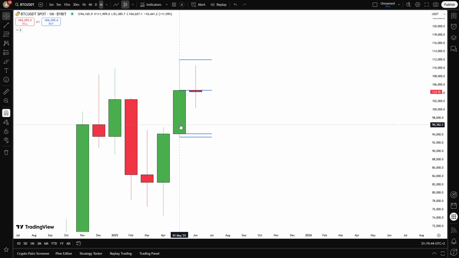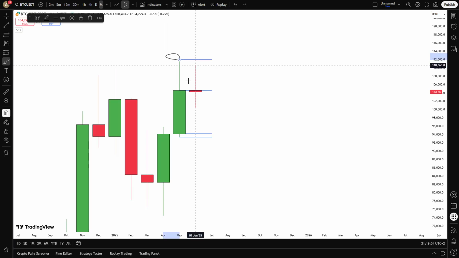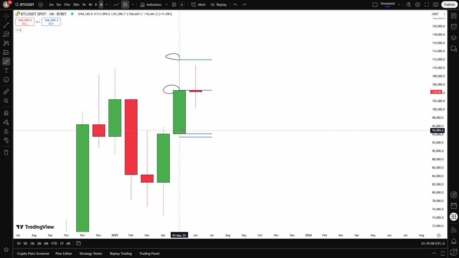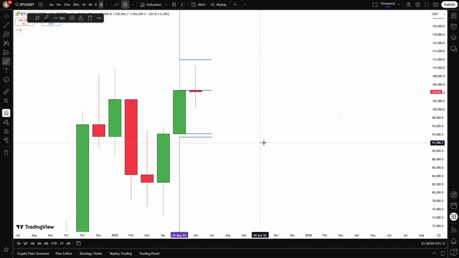Okay, and we find the next point, which we will be doing by zooming in. So remember, you go onto the 1 month, you take the high, you take the body low, and you take the wick low.